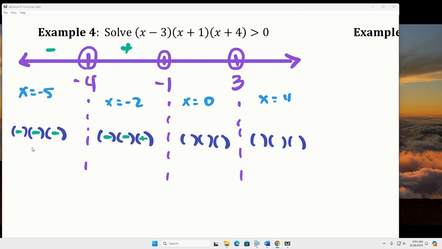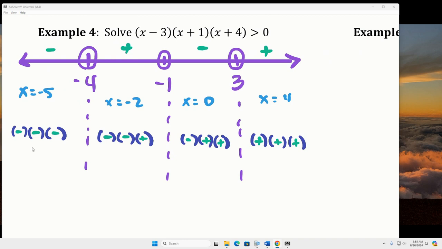Plug them into the parentheses, seeing if you get a positive or a negative. So what did I want to get for it to be an answer?